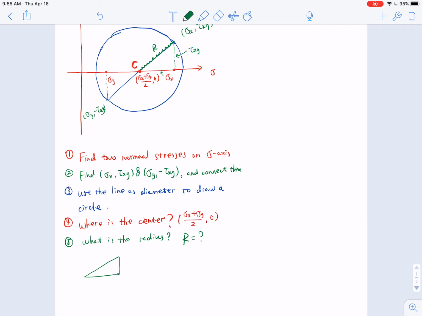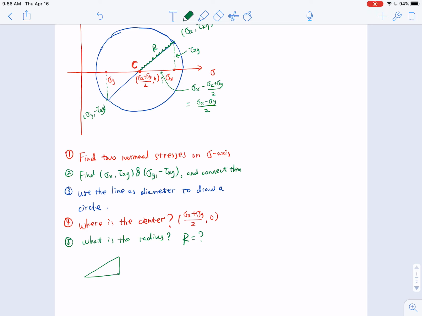How about here? Here is actually sigma x minus the coordinates of the center, sigma x plus sigma y over 2, and that equals sigma x minus sigma y over 2.